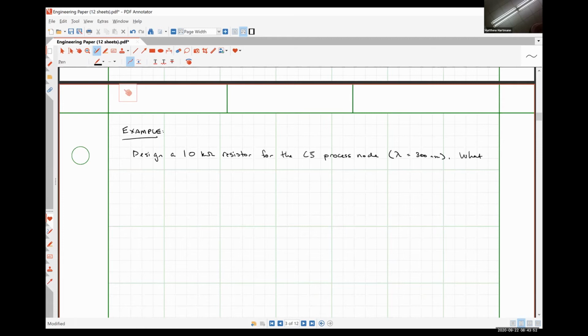What are the minimum and maximum resistance values for the fabricated resistor due to process shifts?